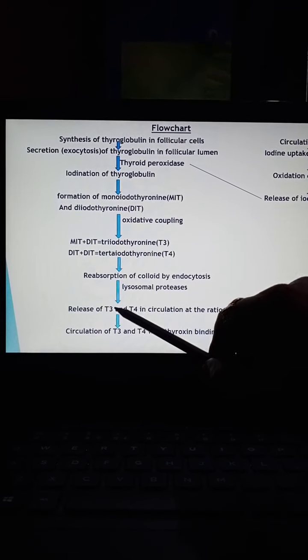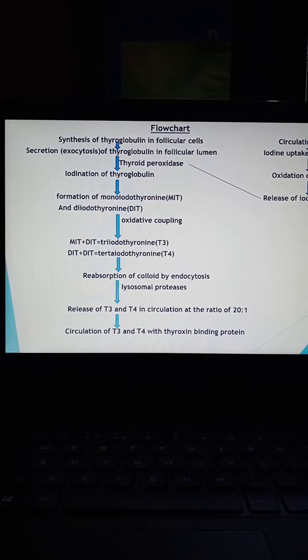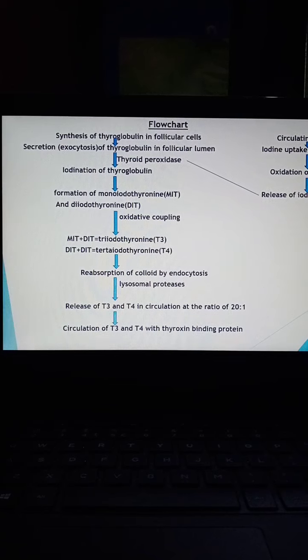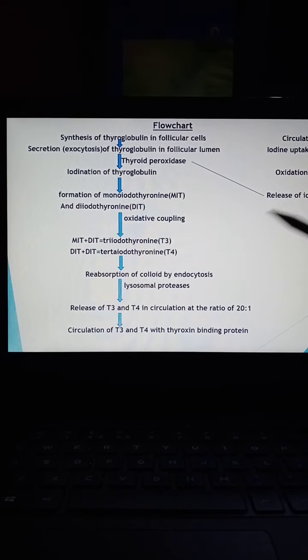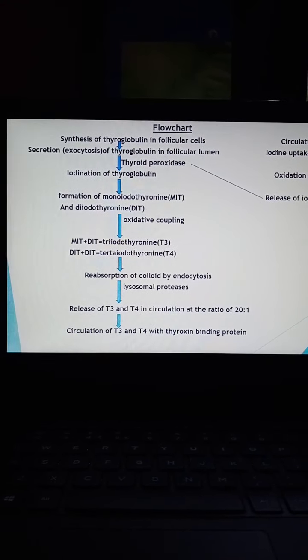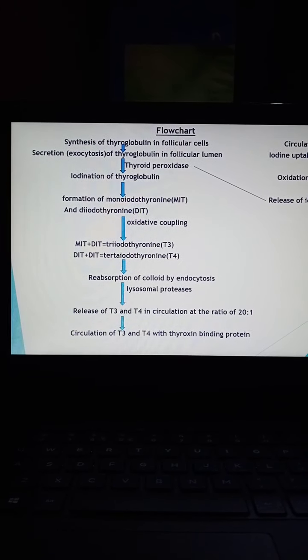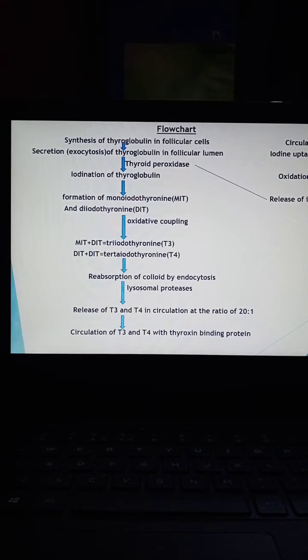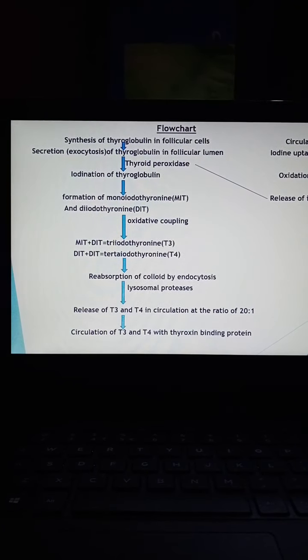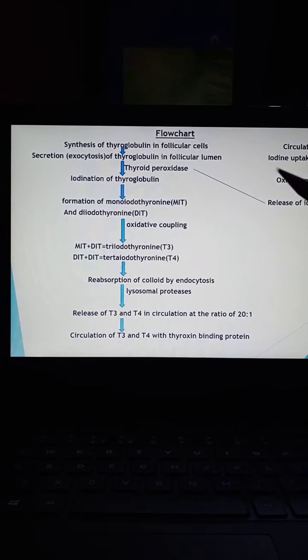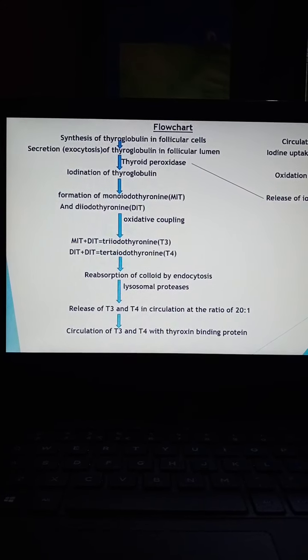One fact here is that T4 is more abundant than T3, meaning the quantity of T4 is more than T3, but T3 acts more rapidly and is more potent than T4. That is the difference between T3 and T4.